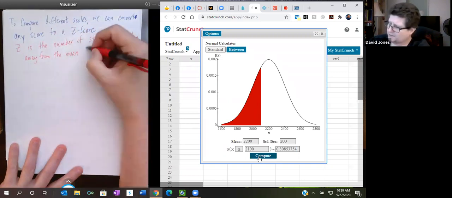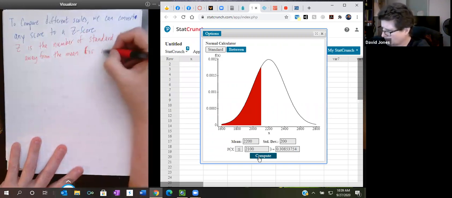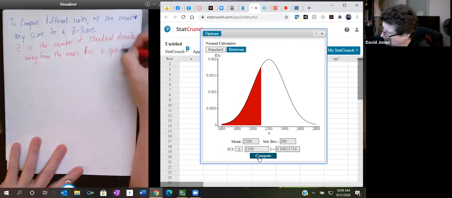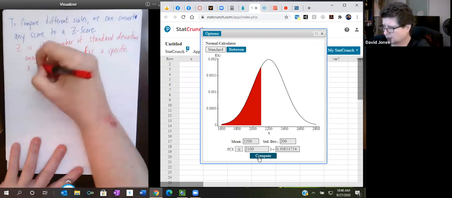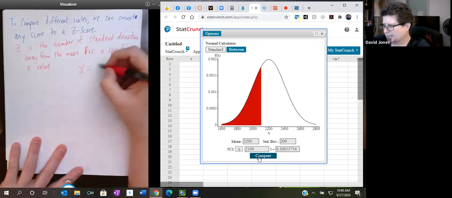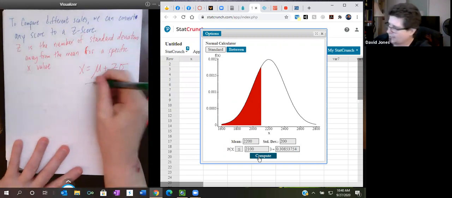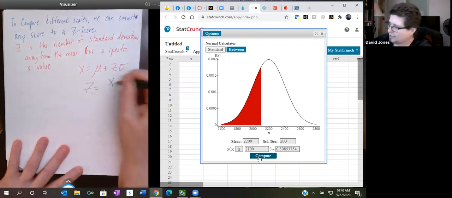For a specific x value, which means x equals the mean plus z times sigma. It's our multiplier on our standard deviations. If we solve for z, we get z equals x minus mu over sigma.